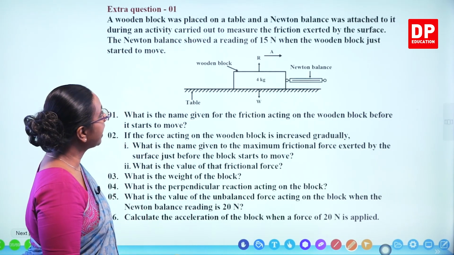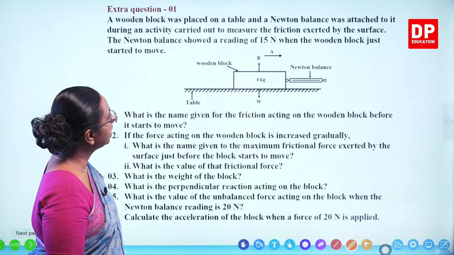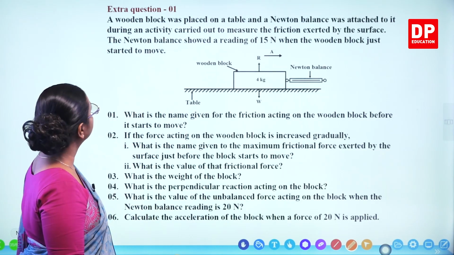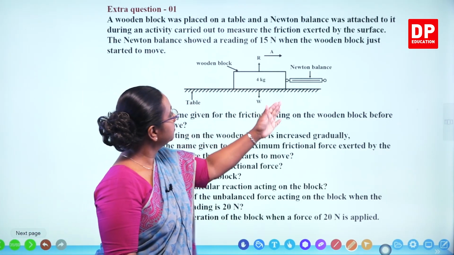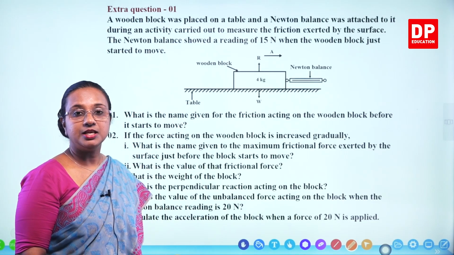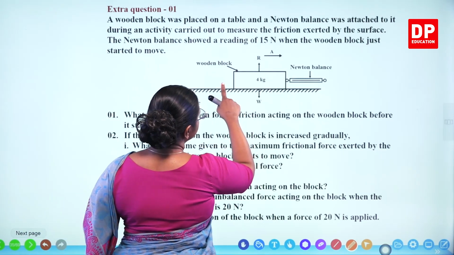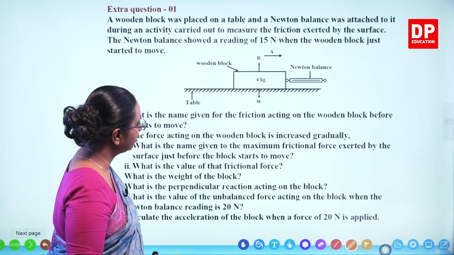They are doing an activity. The Newton balance showed a reading of 15 Newton when the wooden block just started to move. And a picture of the setup during the activity is shown here. So, here you can see the wooden block is given to you. The mass of the wooden block is given as 4 kilograms.